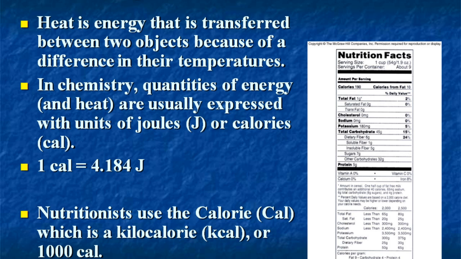And how are they related? 1 Cal, or the 1 nutritional Calorie, is 1000 energy calories, or 1 kilocalorie. Now the conversion between calories and joules is 1 calorie is 4.184 joules. That is the conversion.